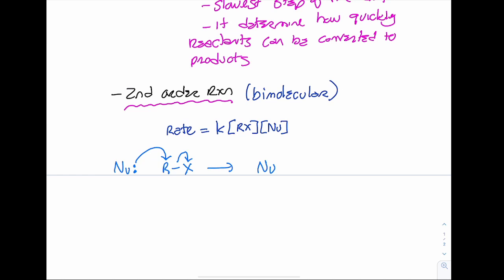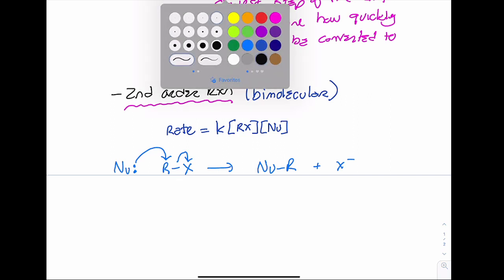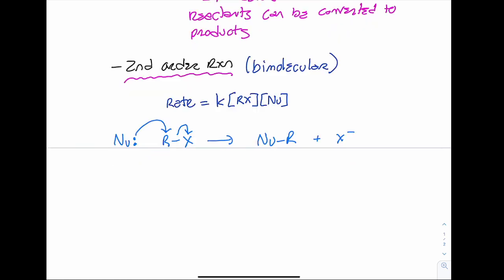I'm not going through an intermediate. I now have my nucleophile bonded to that R group, and then my halogen is by itself. So bond making and breaking are occurring at the same time. That means it's concerted. That's what that word would mean. It's second order because that step involves both the nucleophile and my alkyl halide.